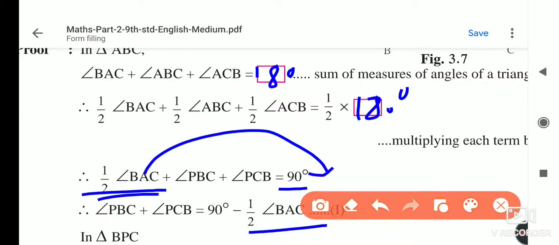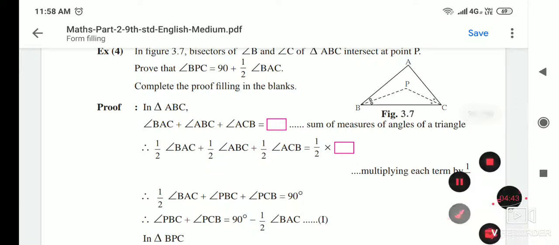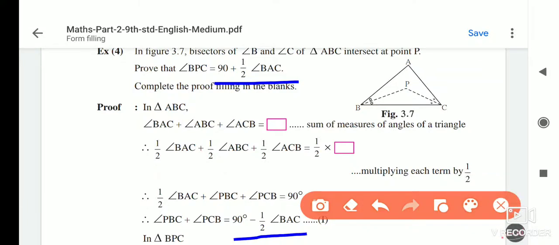It is positive here, so it will come here as a negative. Now if you notice here in the question and this, you will notice that here it is 90 plus 1 half BAC and here 90 minus 1 half BAC. These things we got here.